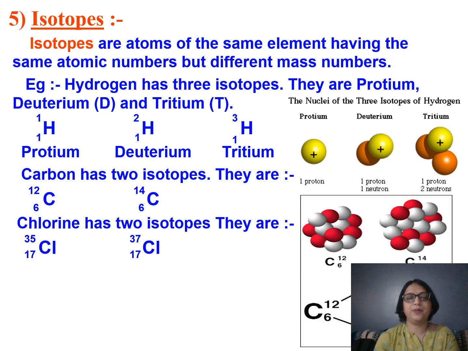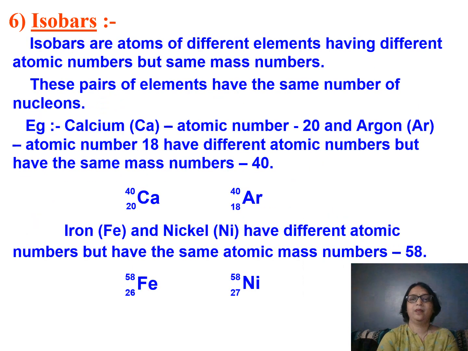Likewise, isotopes have many examples for you. Also learn the isotopes of chlorine, 37 and 35, and work out how many neutrons and protons are in both isotopes. The last topic is isobars.